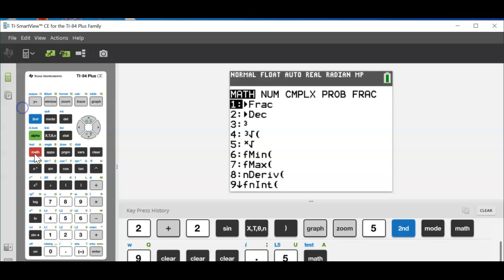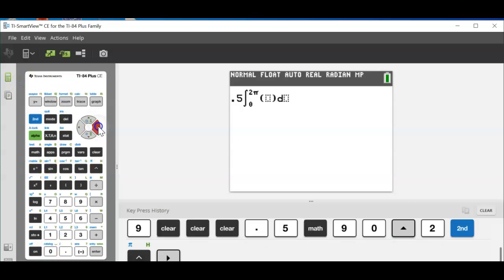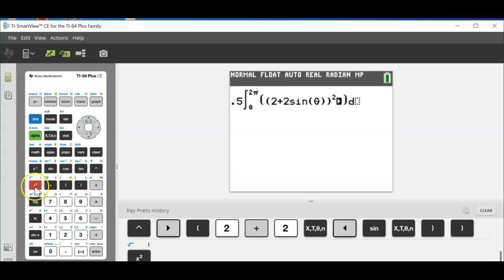So do 0.5, math 9, and then I have 0 to 2 pi, and then I had r squared, so I'm going to type in the r value, which was 2 plus 2 sine of theta, close the parenthesis for the theta, close the parenthesis for the r value, then the whole r value is squared. Bam, that looks good, and then here we go. Define the variable, and then there we go.